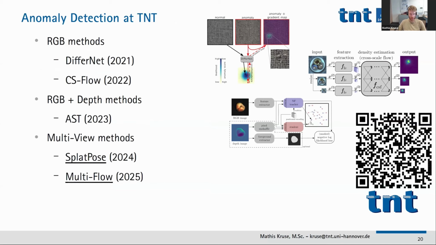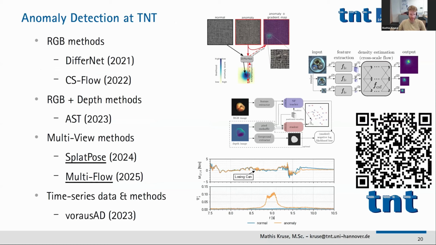We have, of course, the multi-view methods, which I've just presented in this talk. And we also have a dataset and a method for detecting anomalies in time series. So it's a robot picking up things, and we track time series of some of the signals. It's also an interesting dataset, and you can use this QR code to get to our website and get your hands on all the code, because for all methods, the code is always available.